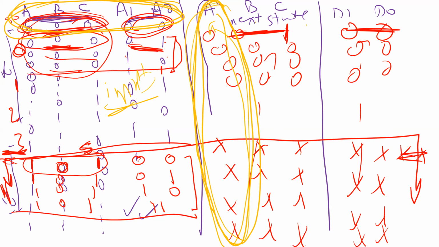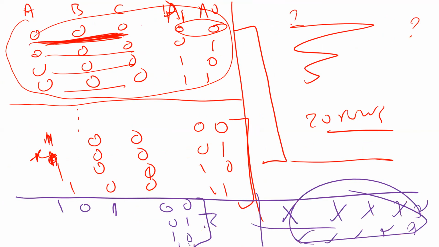What you need to get is the simplified equation for A in terms of A, B, C, E1, E0. For example, you can say GA equals B C prime E1 E0, for example.